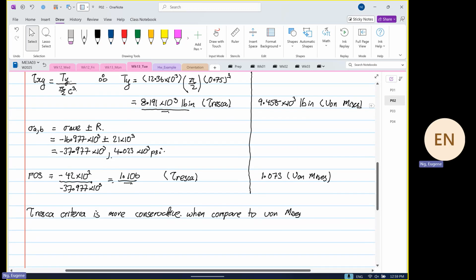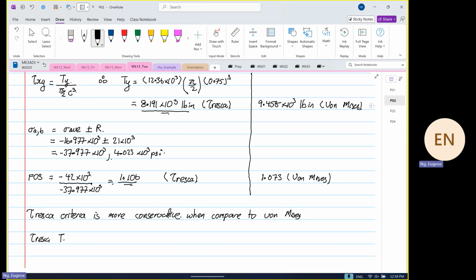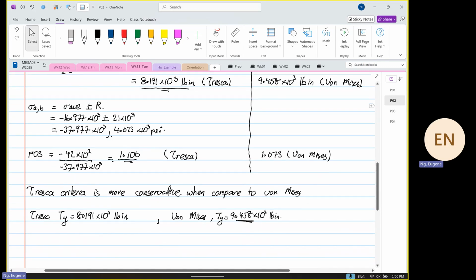And why is that? Because from Tresca, the torque Ty is equal to 8.191 times 10 to the power 3 pound-inch. Given the same diameter, for von Mises, Ty is equal to 9.458 times 10 to the power 3 pound-inch. So you can apply a higher torque with von Mises when compared to Tresca.